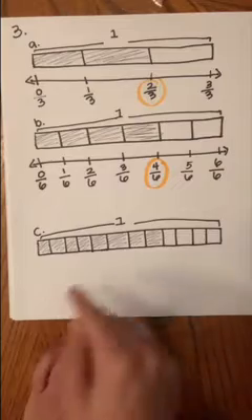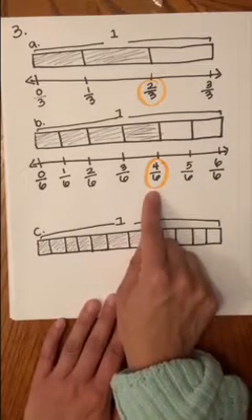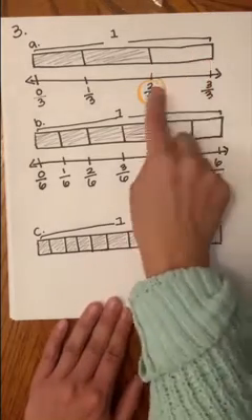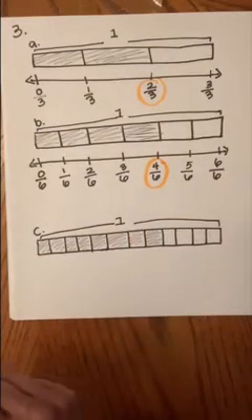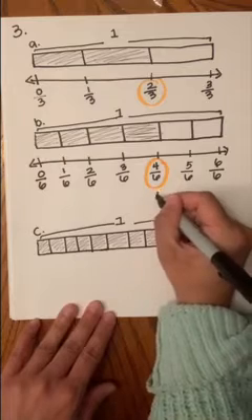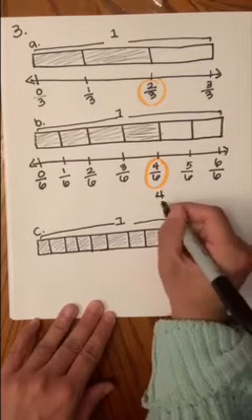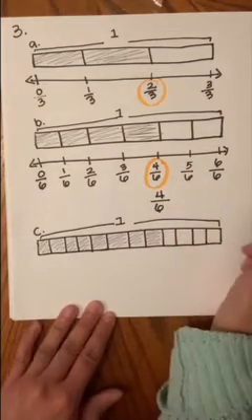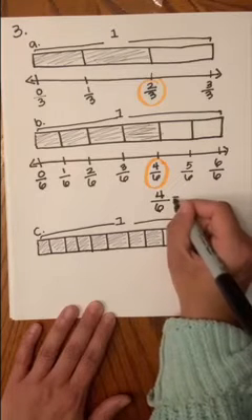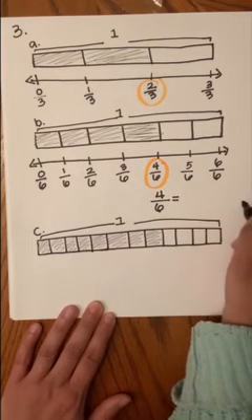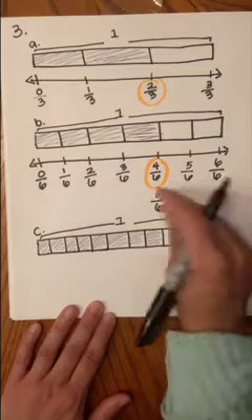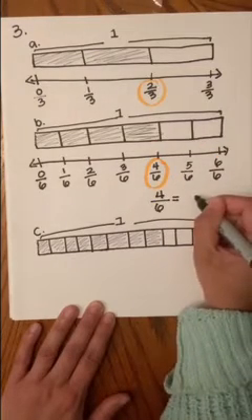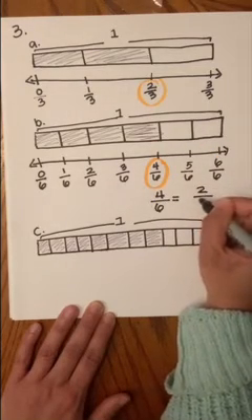How can I show that 4/6 is equivalent to 2/3 using division? Can I say 4/6 is equivalent to 2/3 using division?